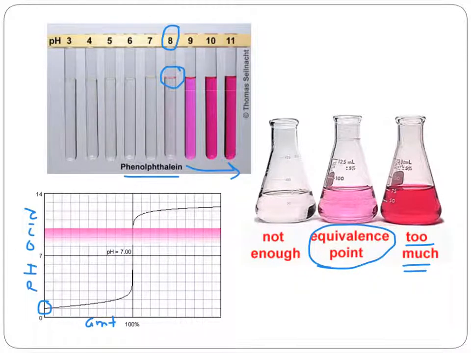As you can see from this graph, your pH will slowly rise as we add more of our sodium hydroxide. And then when we get to the equivalence point, it has a very rapid rise accompanied by a color change of the phenolphthalein indicator. And then if we were to continue to add more of the base, there would be again sort of a slow rise in pH.